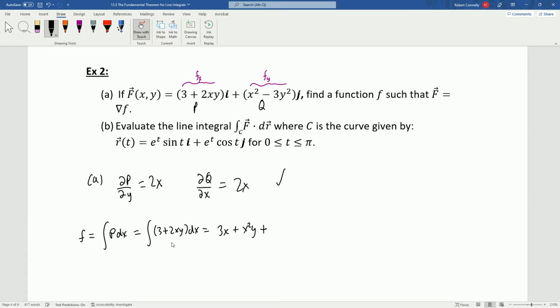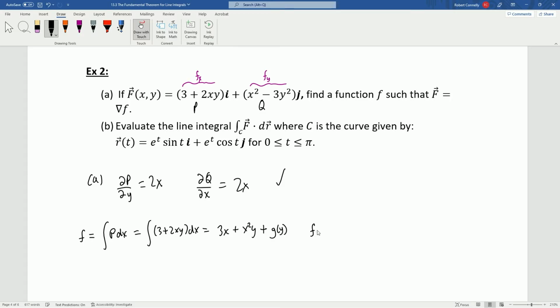Now, of course, when we integrate, we should have a constant of integration, but there's something a little tricky here because we're talking about a function of two variables. So here, when I'm integrating with respect to x, anything that's a function of y would be treated as a constant. So when I add my constant of integration, it actually needs to be an entire function. So I'm going to call that function g of y here.